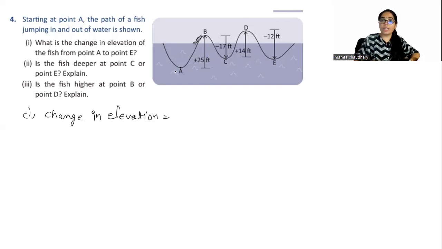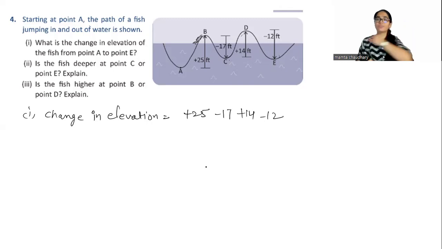Okay, so let's find, when it is moving up, plus 25. Coming down, minus 17. Moving up, plus 14. Moving down, minus 12. So now let's see the elevation. Now my plus 25 minus 17.